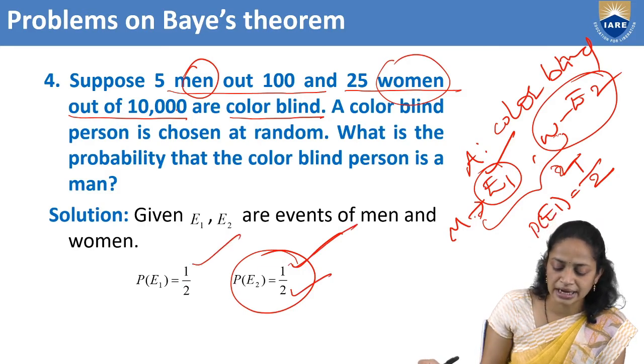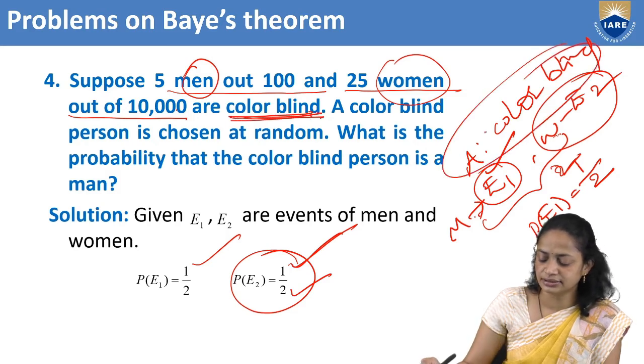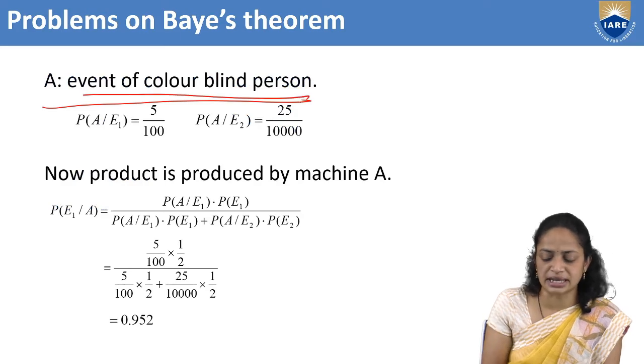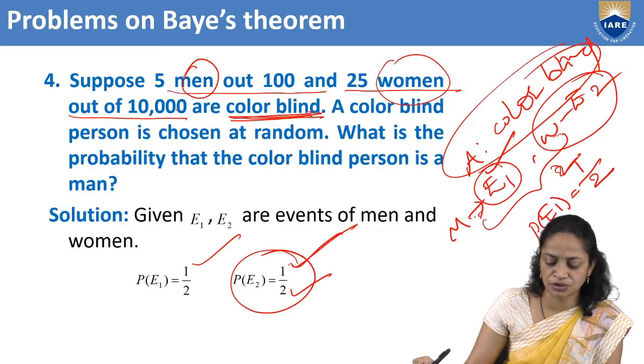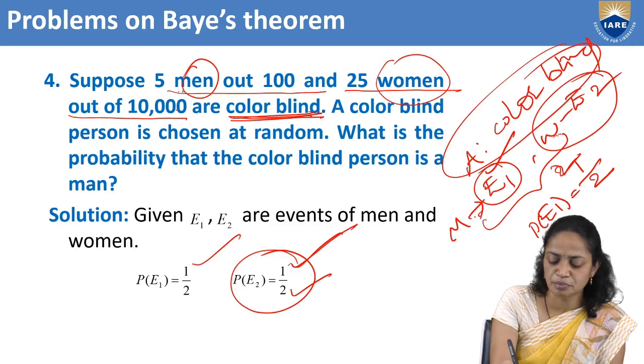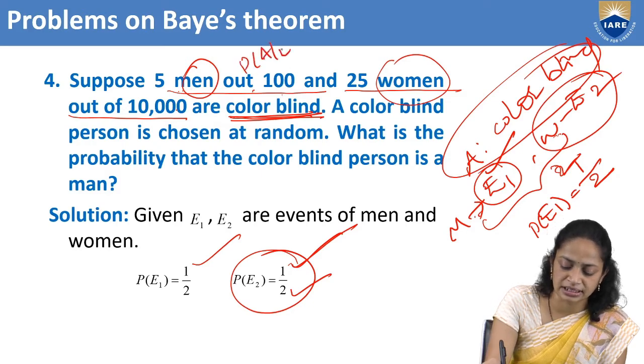And we know that, let us consider event A is color blind. So event A is our color blind person. So from that, we need to find for men and women. So for men, what are the possibilities there? For men, that is probability of A given E1.